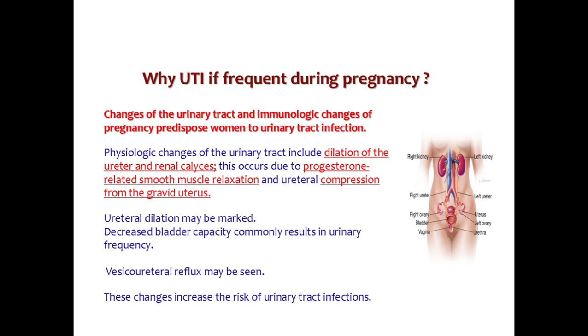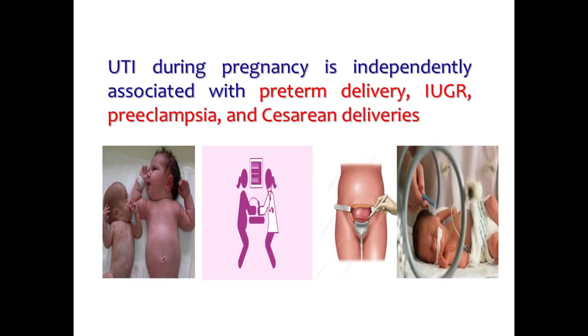When there is a decrease in bladder capacity, it may lead to vesico-ureteral reflux and the passage of pathogens downward from the urinary bladder towards the ureter and subsequently towards the renal pelvis, causing upper urinary tract infection. These changes, as we said before, increase the risk of urinary tract infection during pregnancy.